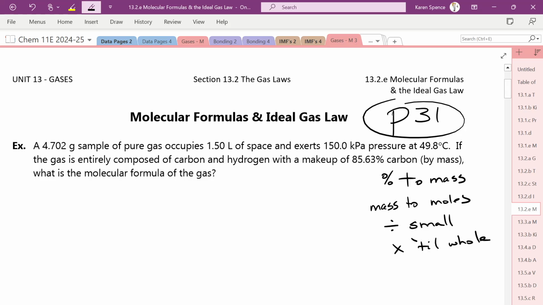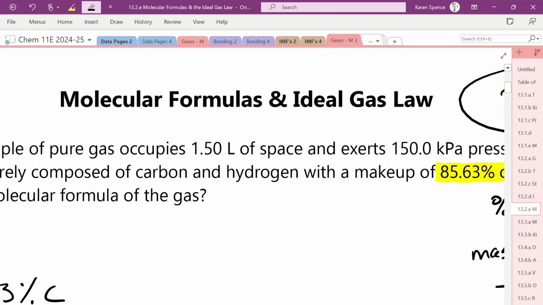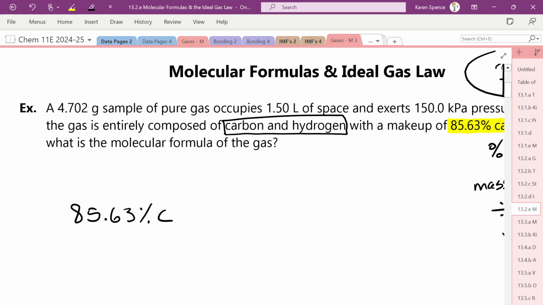Well, we are told, where do we have a percent? We are told that we have 85.63% carbon. And we are told that this gas is composed entirely of carbon and hydrogen. So we know the percent, which is carbon.